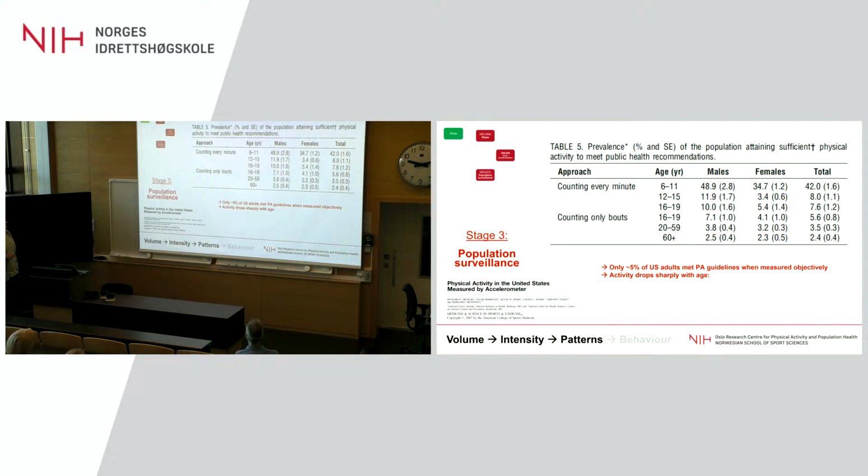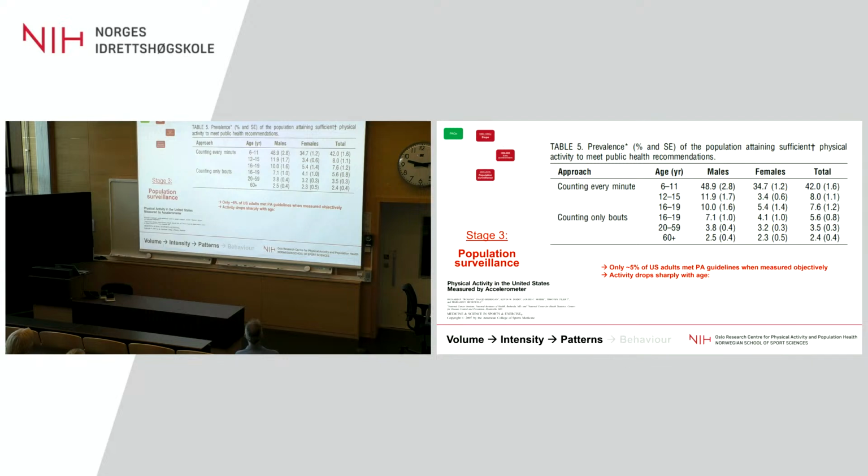Then stage 3, and maybe don't quote me on this, but I've called it population surveillance. Eventually, the bigger surveillance initiatives started appearing. And the first one was the accelerometer part of the NHANES study in the US. They published a paper in 2007 where they estimated the prevalence of meeting guidelines in the US.